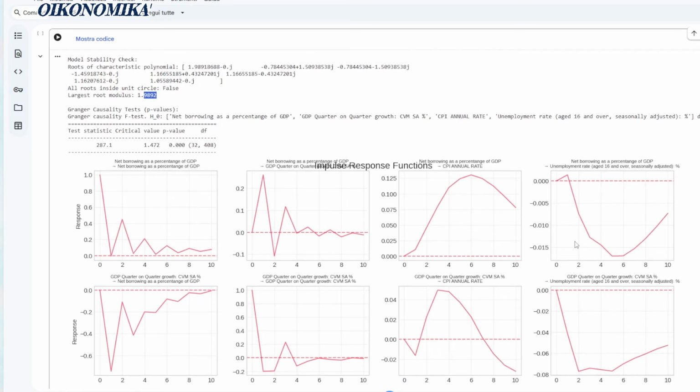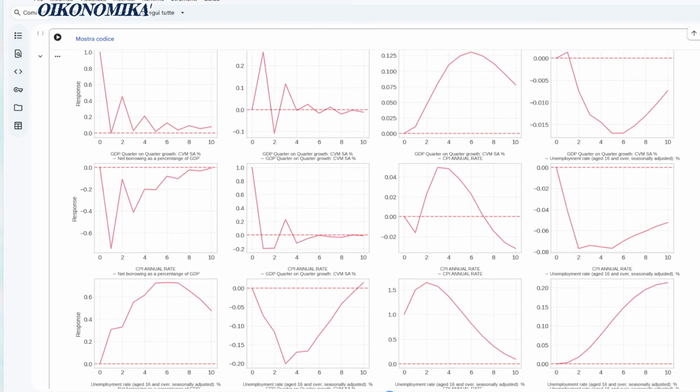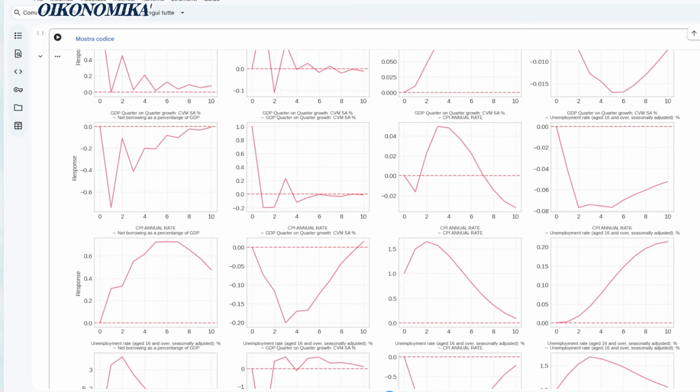What that means is that there are structural shocks in the economy which cannot be adjusted by cyclical or counter-cyclical fiscal policy tools. So you need structural changes in the economy in order to make it work better for everyone.